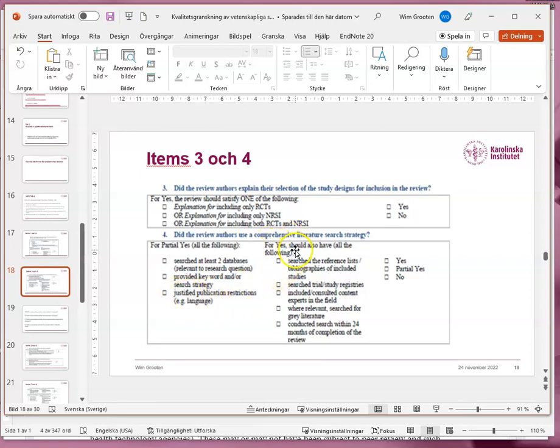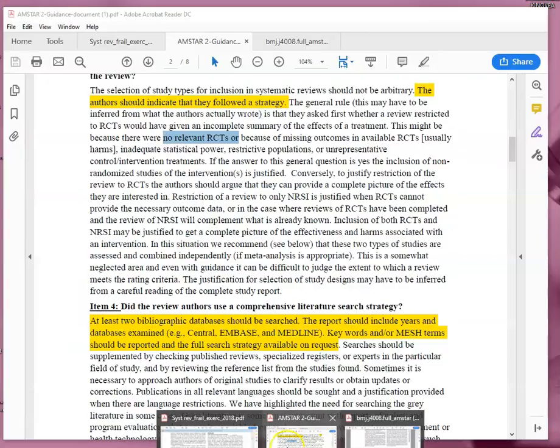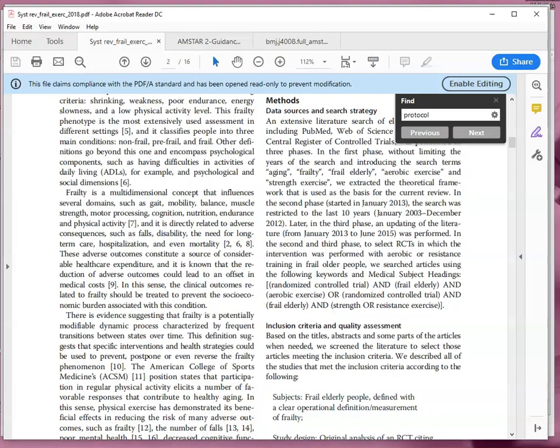And if you want a yes, they should also search the reference lists, search the registries, consult experts, search the grey literature, and they should have done this within 24 months of the review. Okay, there's lots of things we have to check in this paper, and it should be in the description of the methods.